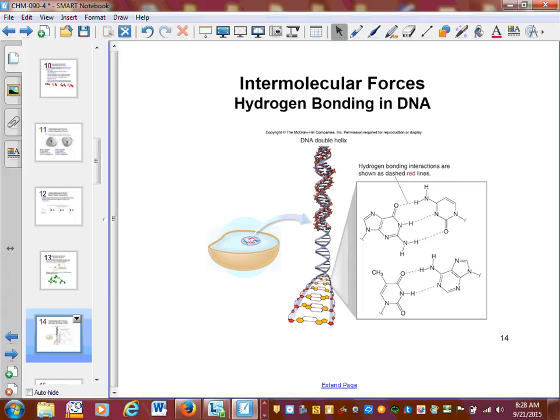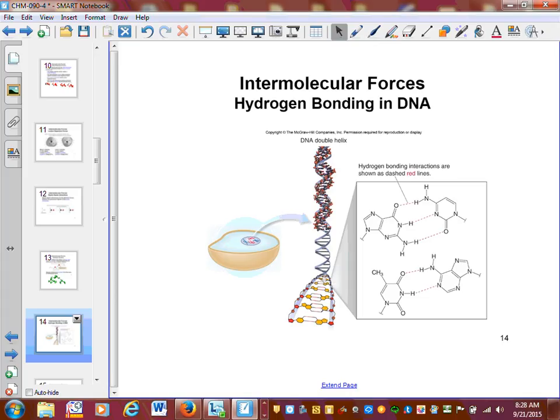Now, if they were covalent bonds, we'd be stuck. DNA would be stuck. But since they're hydrogen bonds, we can actually break these bonds. And when we break these bonds, we unzip the DNA. So when we unzip the DNA, we then can come back with complementary nucleic acids and construct the opposite sides and end up with two DNA molecules that are the same.